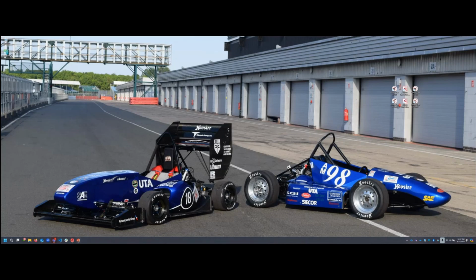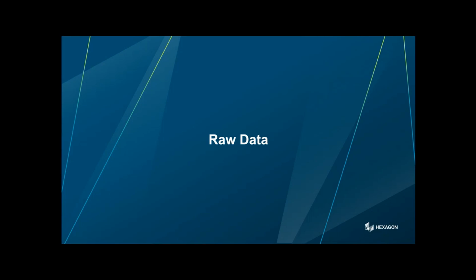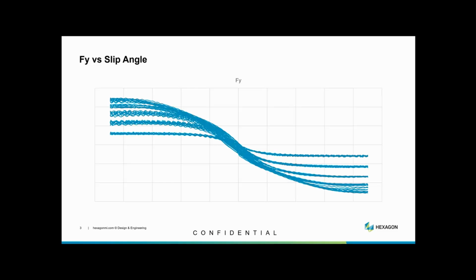And the second part is to do the tire fitting. All FSAE teams have access to data from the Tire Testing Consortium. You have to pay a small membership fee to them, and you get the tire testing data. What you have access to, of course, is the raw testing data, which will look something like this.